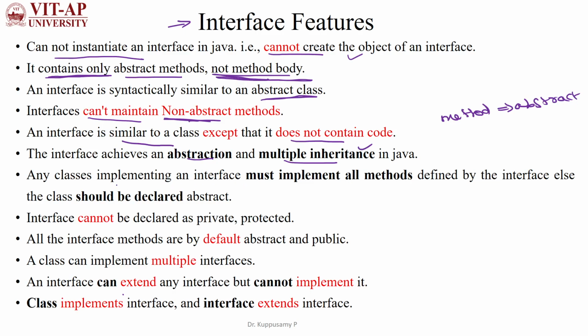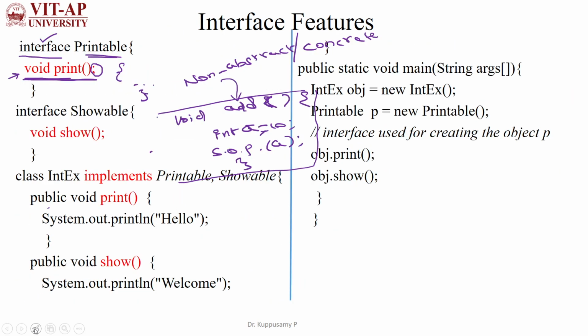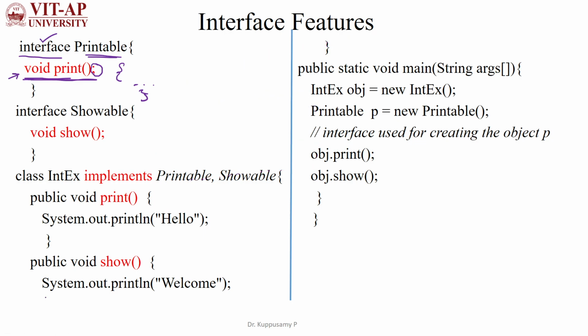Any class which implements an interface must implement all the methods defined in the interface. You see here, we have different methods defined in the interface Showable.